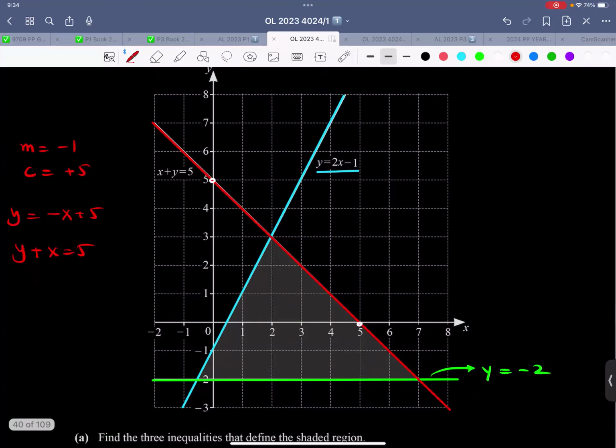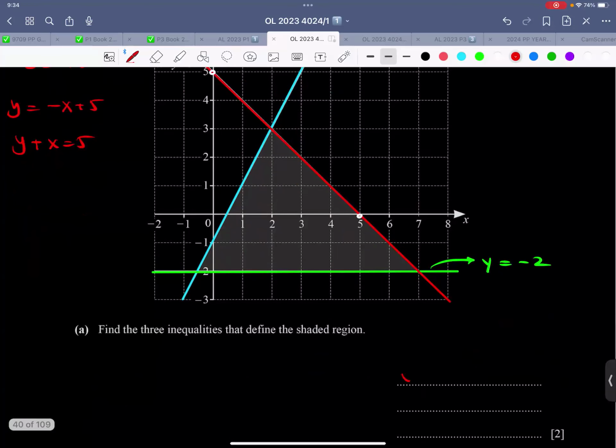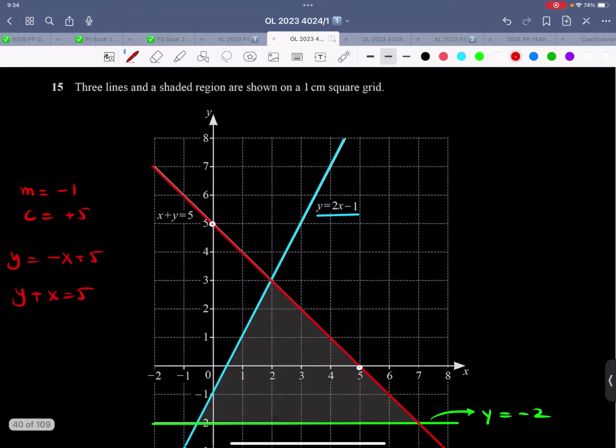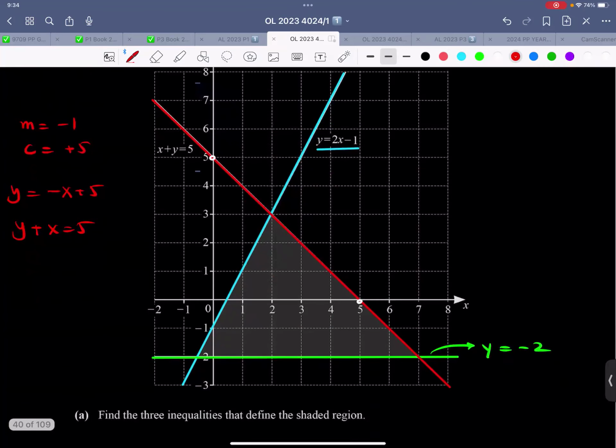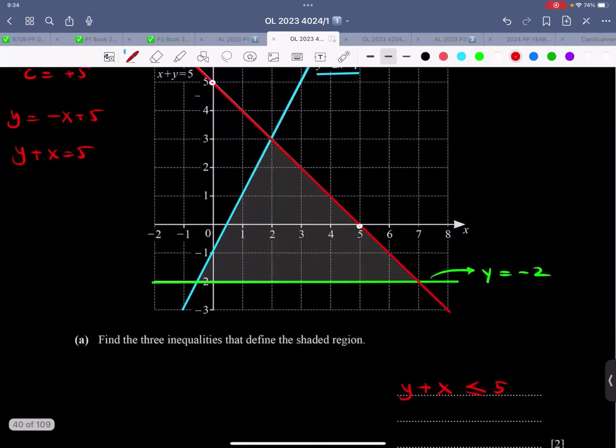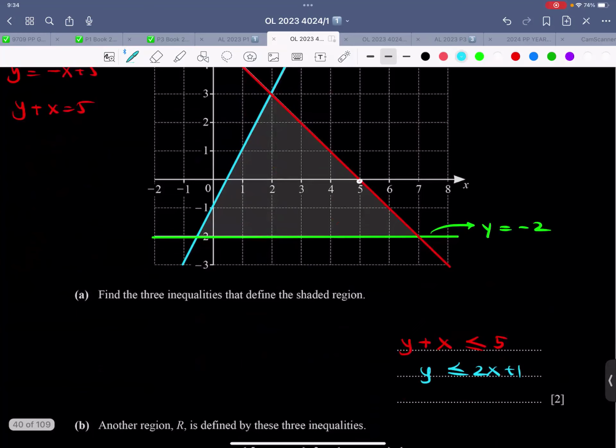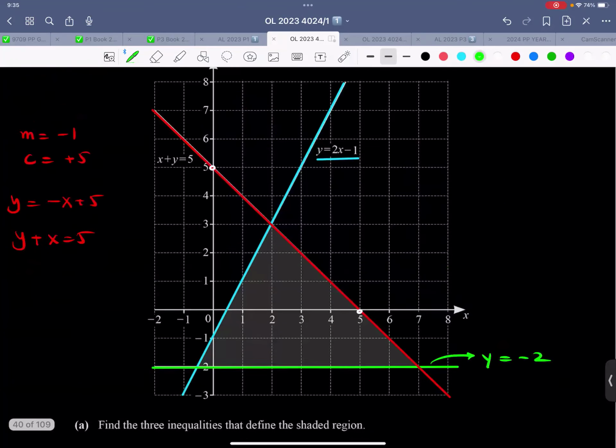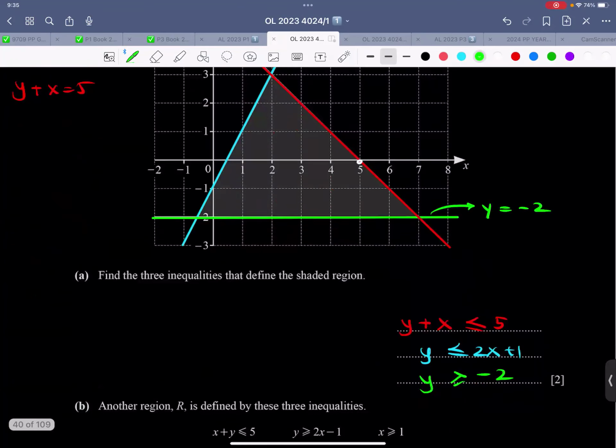Now, the shaded region is below the line. So y plus x is less than or equal to 5 because it's a solid line. The region is below the blue line. Y is less than or equal to 2x plus 1. The region is above the green line. Y is greater than or equal to -2. So that's how the inequalities are written.